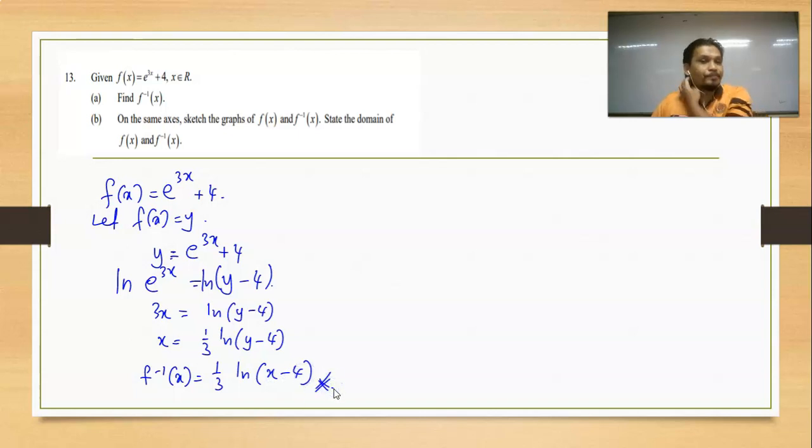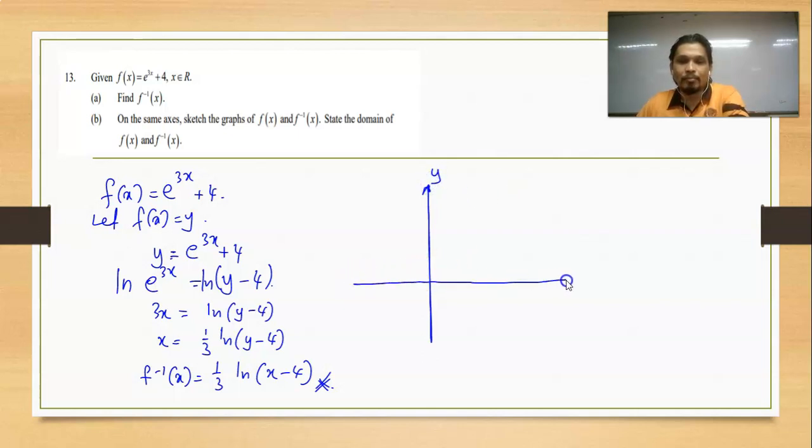There you go. So on the same axis, sketch the graph of f and its inverse, and state the domain of f and f inverse. Let's sketch this first, e power of 3x.